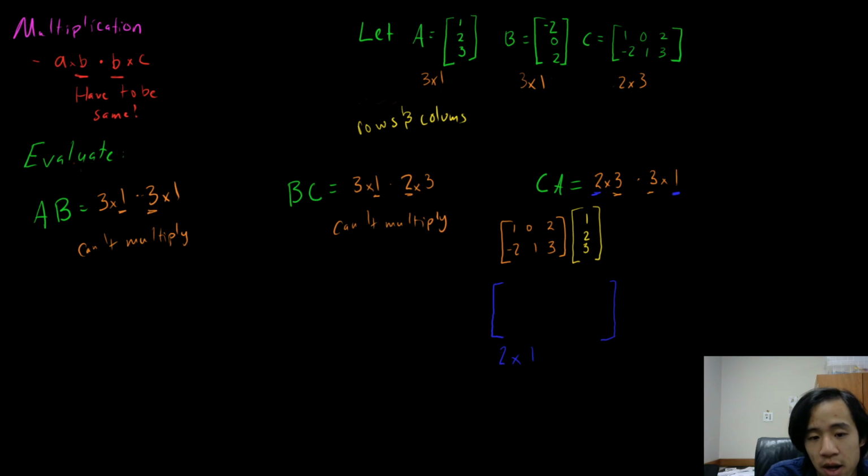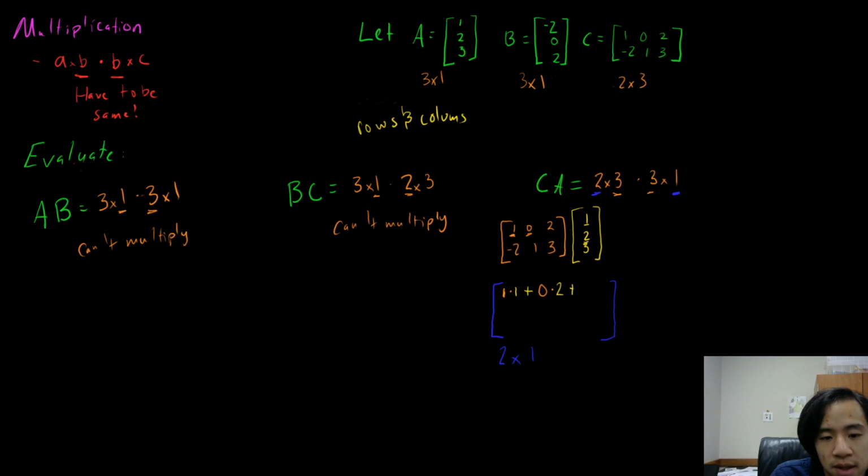Okay, but because I'm going to show the work, it's going to be a fairly large box that we need to make. So the first entry at the top, well, that's going to be this. You're going to take this number here, and you're going to multiply it with the top number here. So that's 1 times 1. You're going to add this to 0 times 2.